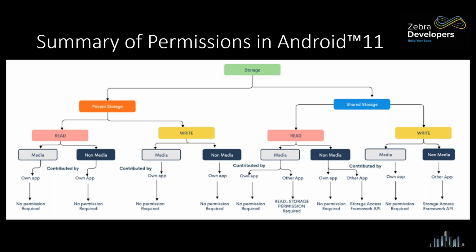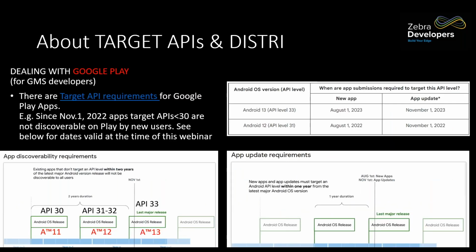For the shared storage instead, it's what I've said so far. You need the read storage permission to deal with other applications. You need the storage access framework if you want to deal with non-media files in read mode, and again when you want to write non-media files for other applications.